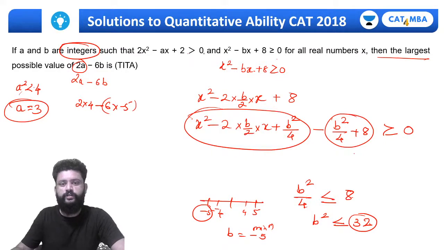A should be less than 4. It was not equal to, this was less than only. Okay, here it was equal to, so it cannot be 4. So the maximum a can be 3, going to be 6 plus 30, that comes out to be 36.